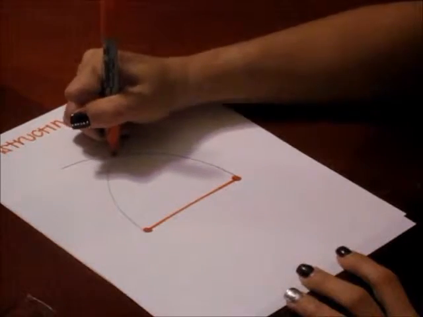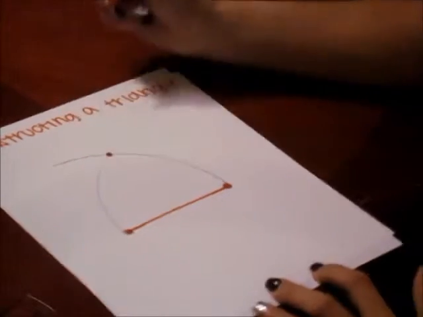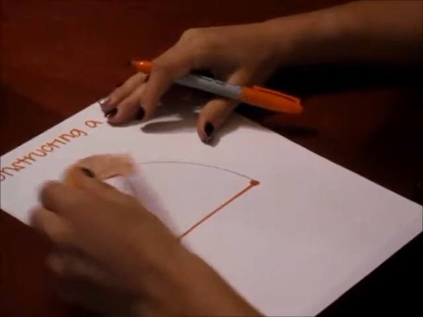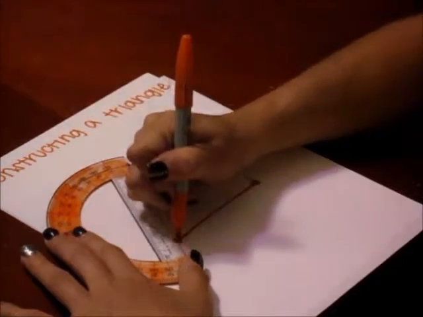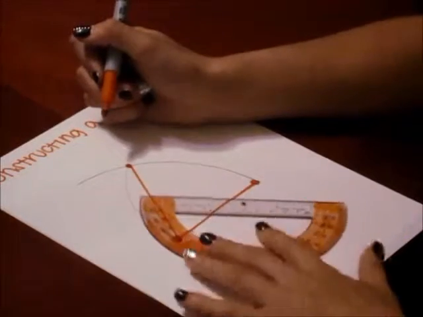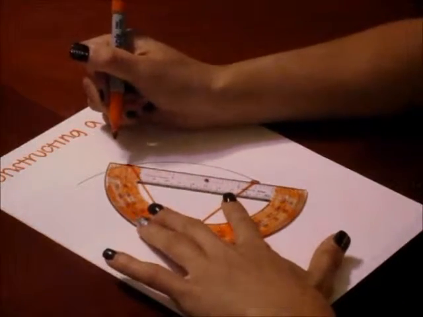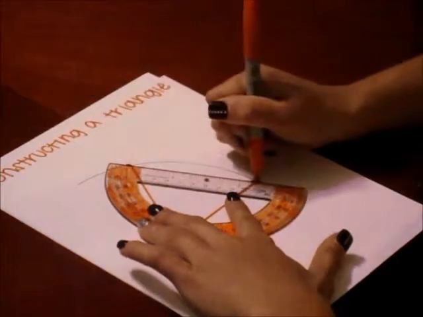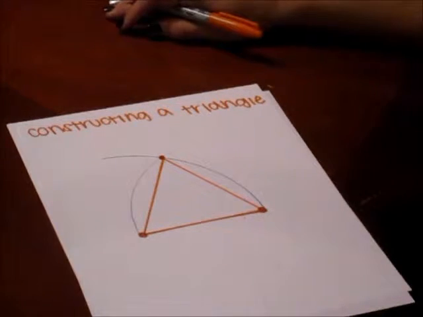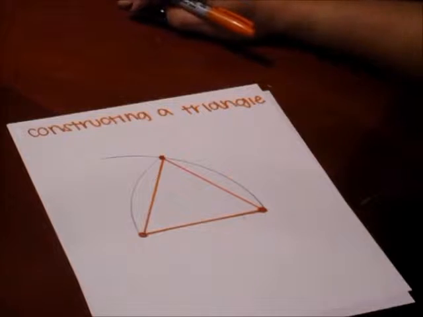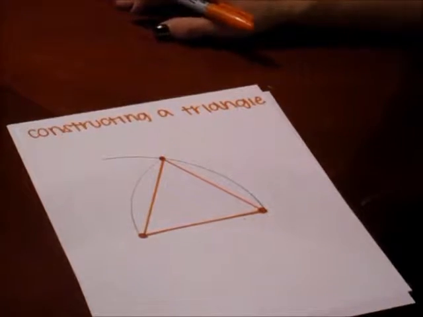Create your point in between the intersecting arcs. Use your ruler and connect the sides of the regular triangle. That is how you construct a regular triangle.